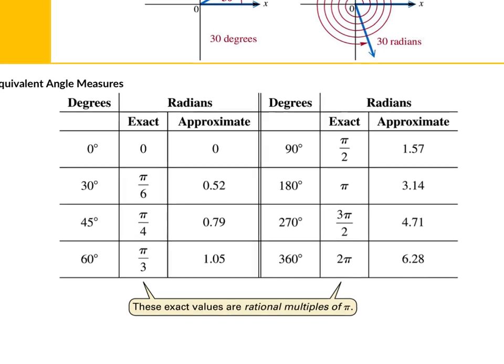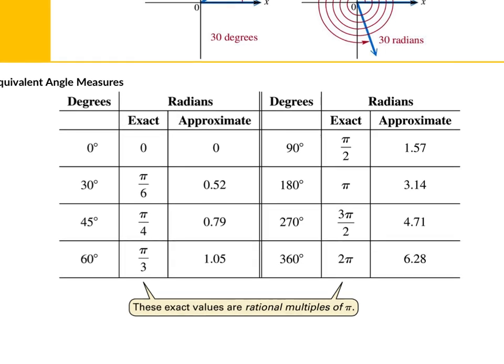What's also super important is knowing the different degrees and exact radian values for our special right triangles and our quadrantial angles. So in our table that I had you memorize in chapters 1 and 2, I had 0, 30, 45, 60, and 90 degrees in that table.